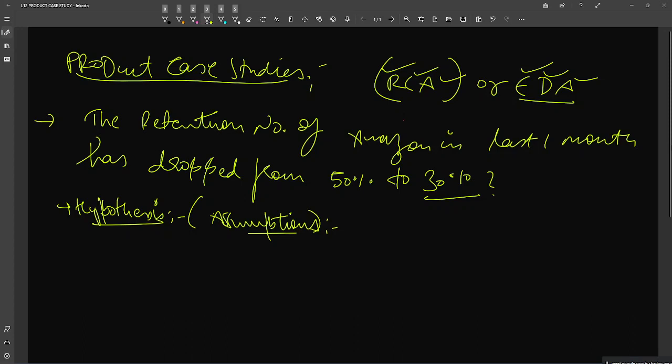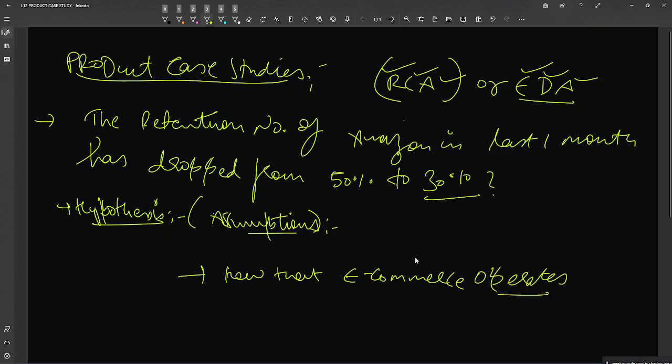Now coming back to the problem statement, before answering, you should first understand how that particular product operates. Let's say it's e-commerce: how does e-commerce operate in and out?